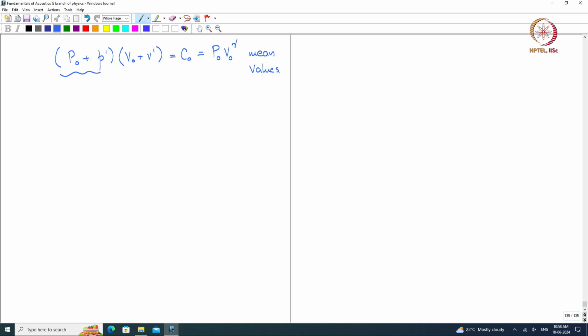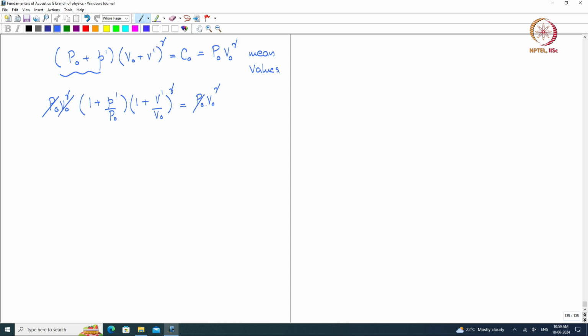Okay. So now what I am going to do is take out P0 V0 to the power gamma, then I get 1 plus P dash by P0, okay, into 1 plus V dash by V0 to the power gamma, that is equal to P0 V0 to the power gamma.